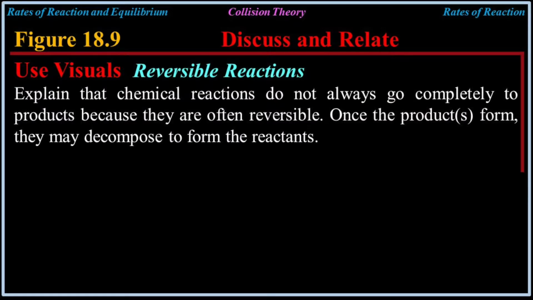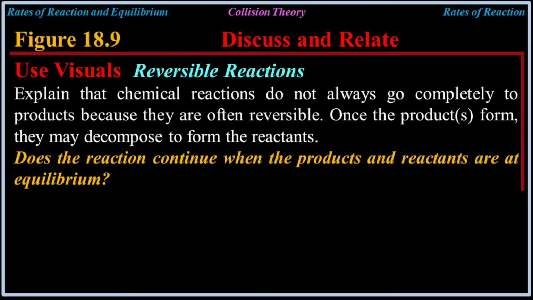Figure 18.9, discuss and relate. Reversible reactions. Explain that chemical reactions do not always go completely to products because they are often reversible. Once the products form, they may decompose to form the reactants.